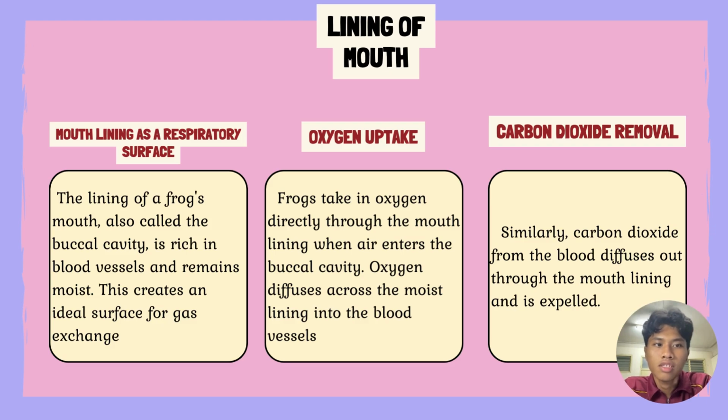Frogs take in oxygen directly through the mouth lining when air enters the buccal cavity. Oxygen diffuses across the moist lining into the blood vessels. Third, carbon dioxide removal. Similarly, carbon dioxide from the blood diffuses out through the mouth lining and is expelled.